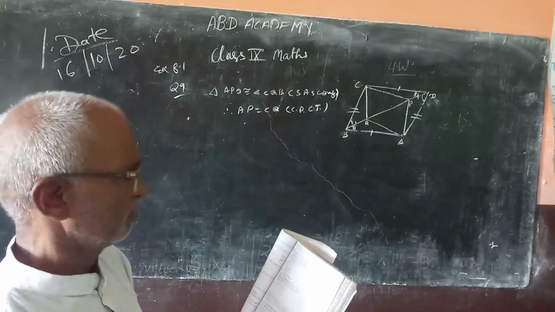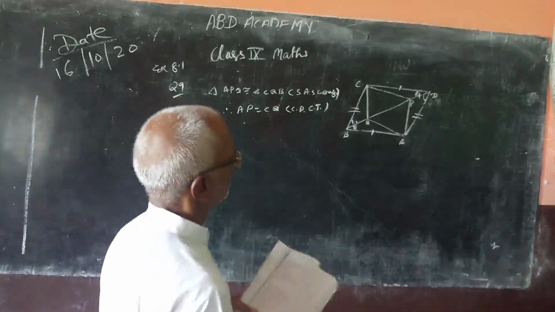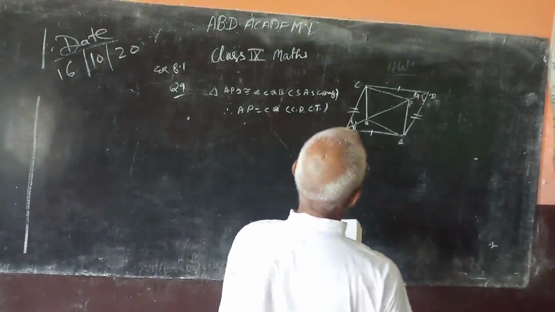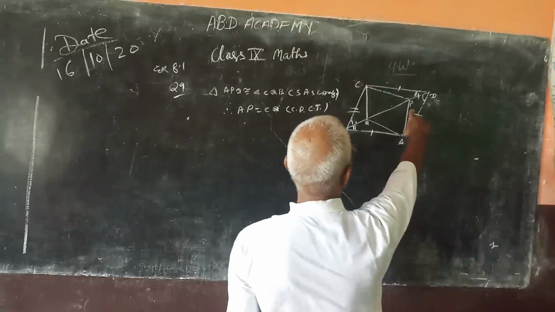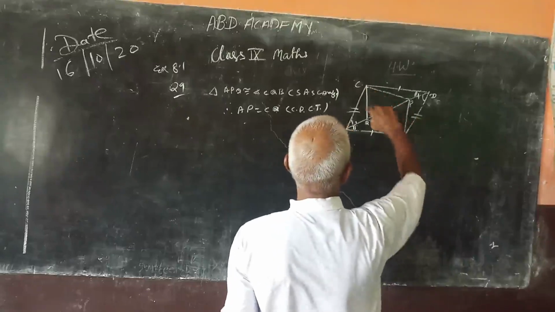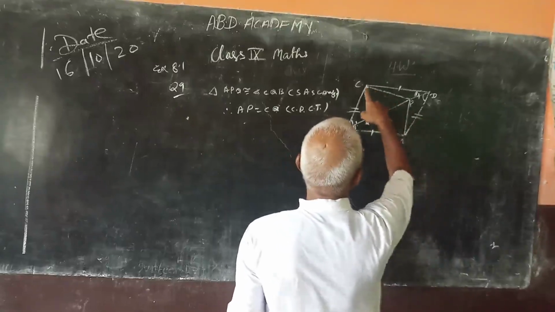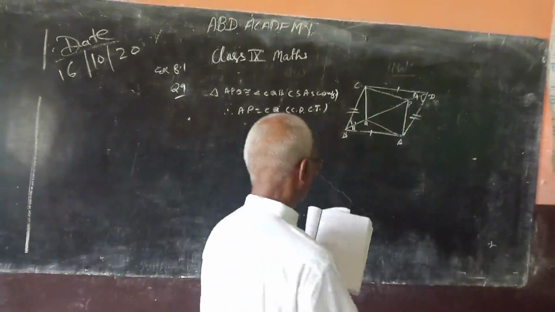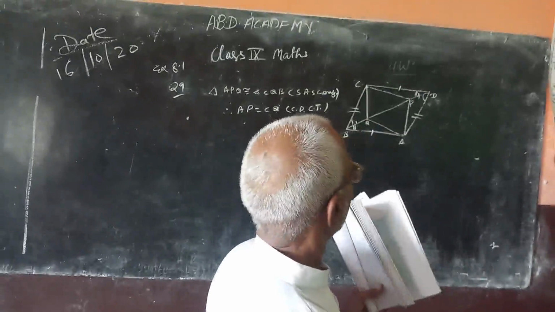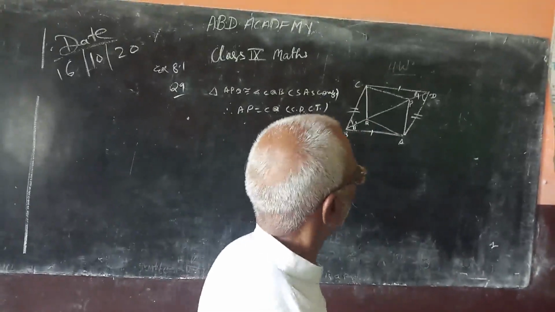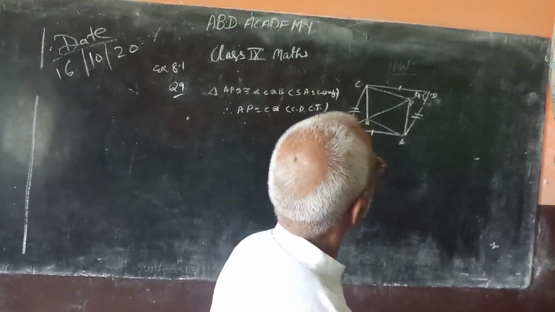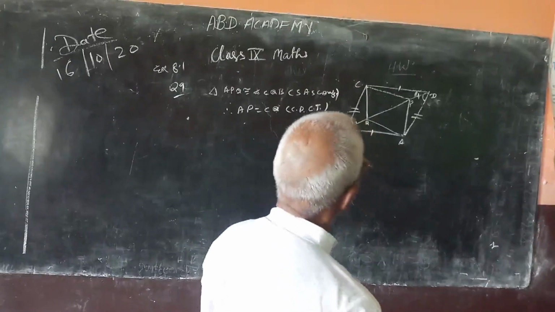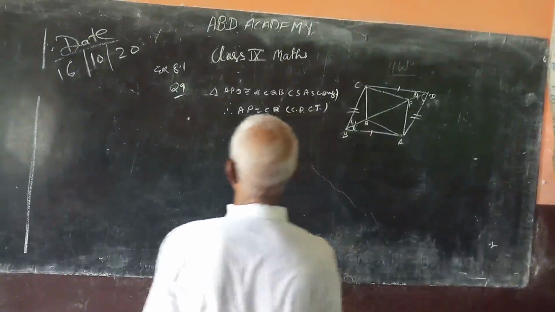Now we see here that opposite sides AP is equal to CQ, AQ is equal to CP. Therefore it will be a parallelogram, because there is a theorem that if opposite sides of a quadrilateral are equal, it will be a parallelogram. So the fifth is also proved.